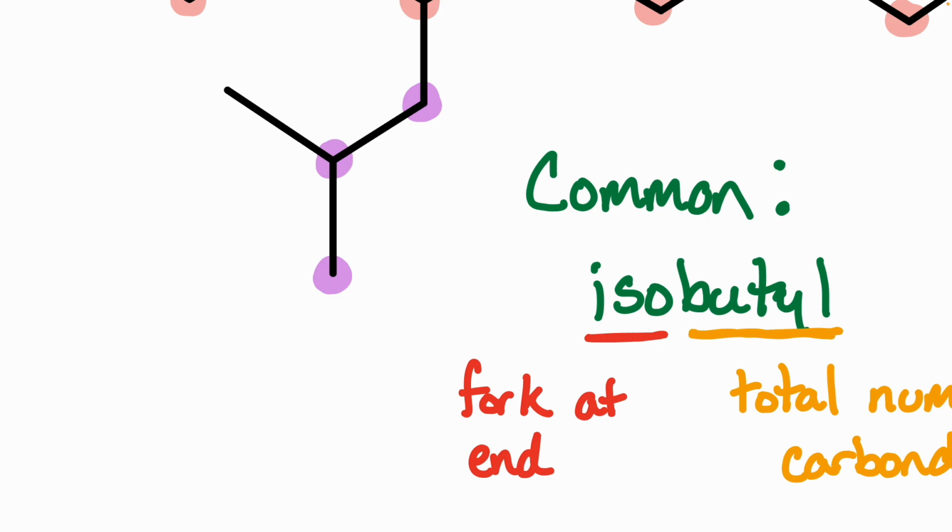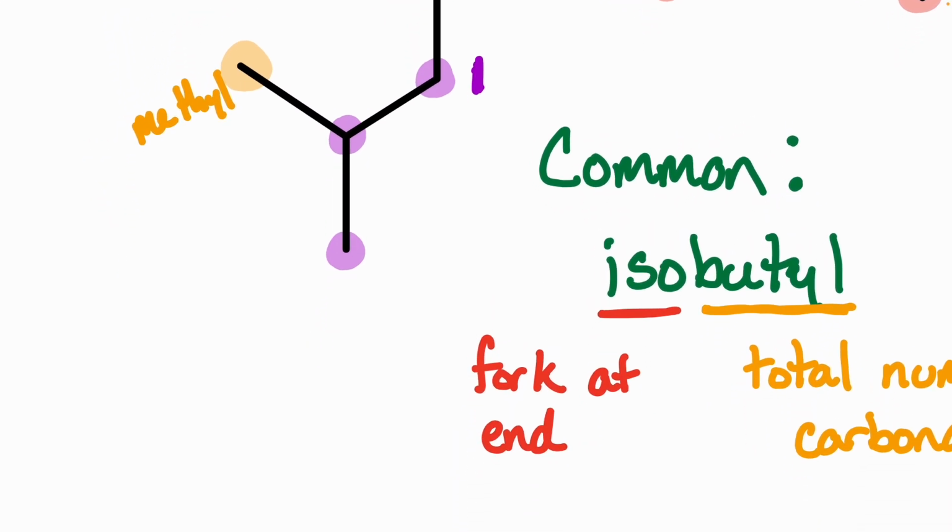The only thing that's different from what we've been doing process-wise before is that we also have to name this substituent off of our substituent. This is a methyl. The other thing that's different is that when we number the parent of our substituent, you always number from the parent chain of the molecule. So this is carbon 1. You don't number both directions and choose one. The carbon that's bound to your true parent chain is carbon 1.